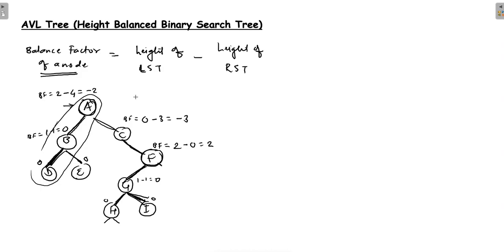Now why have we calculated this balance factor?